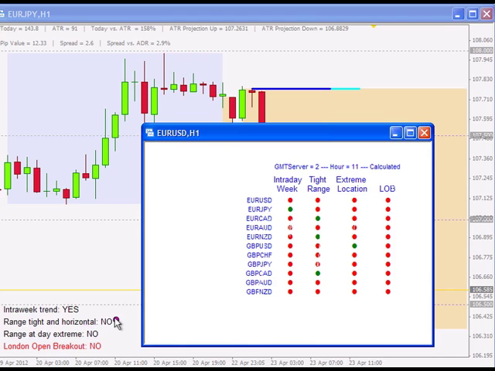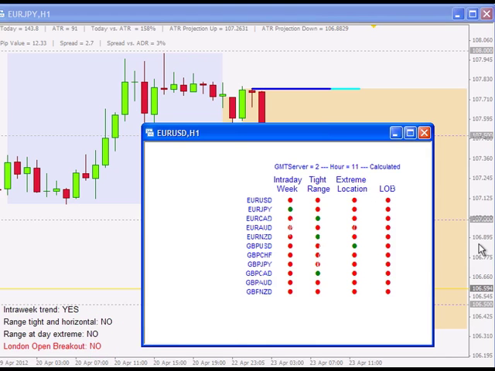And since at least one of these values is set to no, the London Open breakout as a whole is also no, which again prints a red dot in the scanner window.